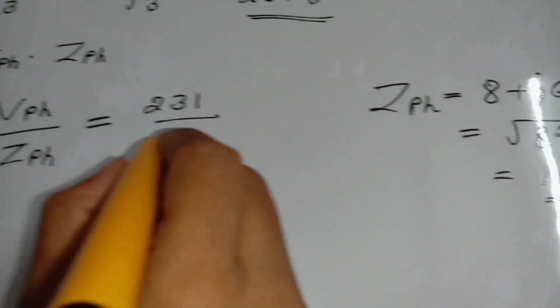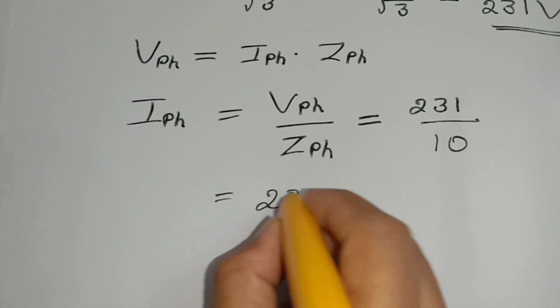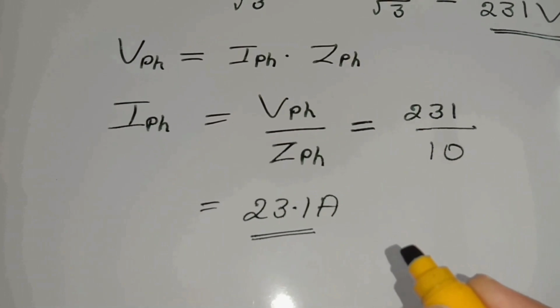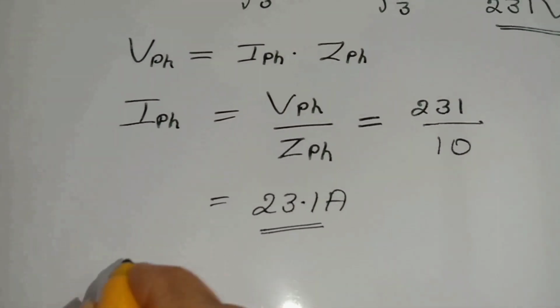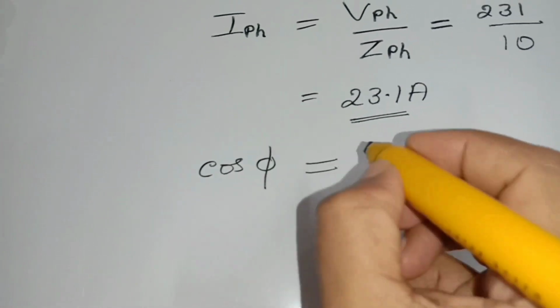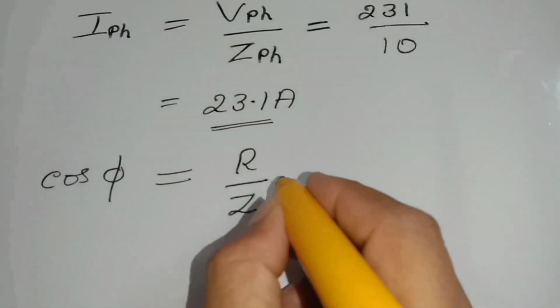Now we substitute that here, we will get 23.1 ampere. Once these values are known, next we will find out the power factor cos phi. Cos phi is equal to R by Z. Now what is R?